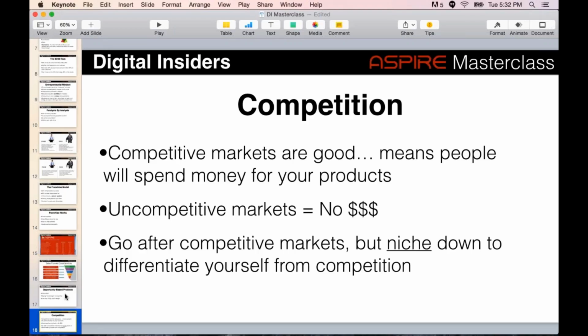But of course, you don't want to try to directly compete with everybody, because that's going to be a challenge. You're going to be cannibalizing the market, and there's less money to go around for everybody. And it's really hard to break into a lot of times, because people are already very well established in competitive markets.